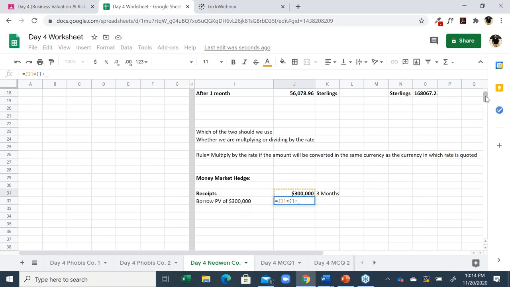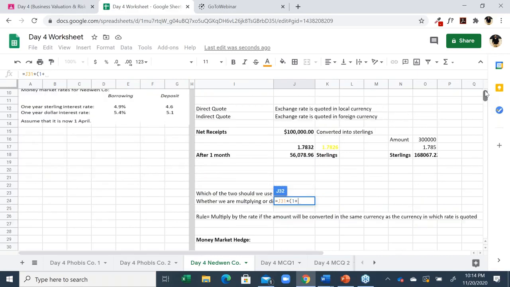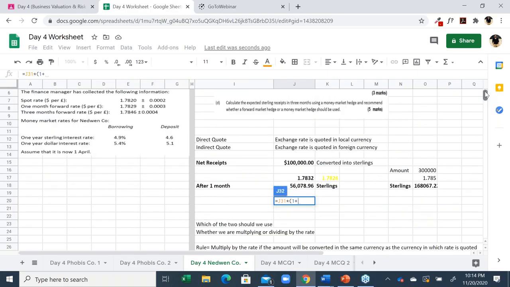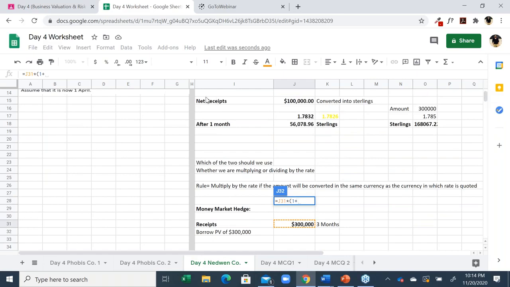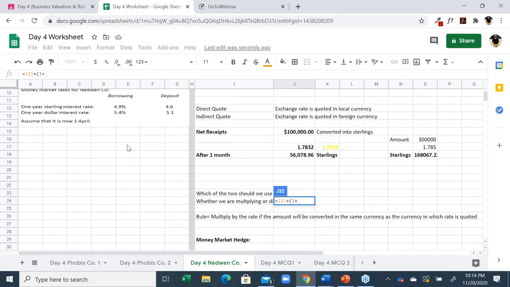So we should go to the question and see what's the borrowing rate of the dollars. What is the borrowing rate of the dollar? It's 5.4%.